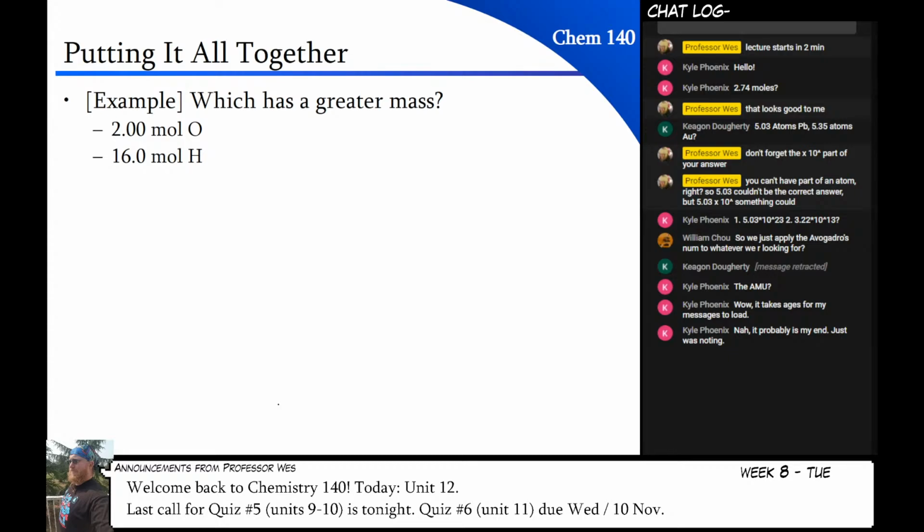What are the units of mass? Ask yourself, what should I do to solve this problem? Which of these has the bigger mass? Well, it should be the one that has more grams, right? Not necessarily more moles, because moles are not a mass, they are moles. So, let's convert each of these to grams.